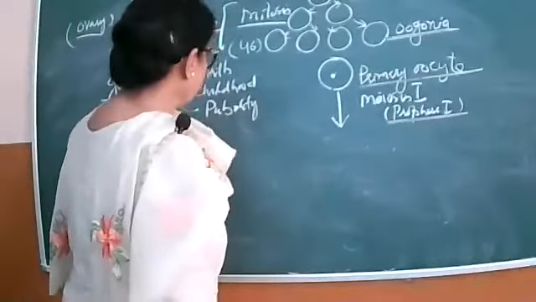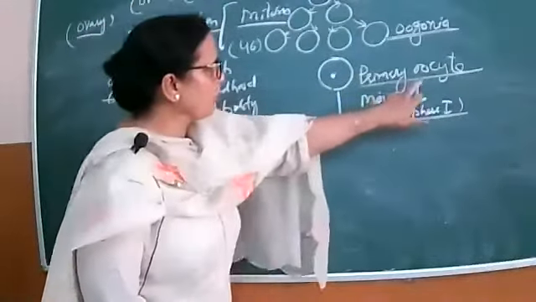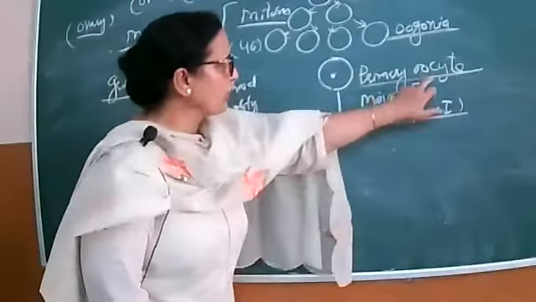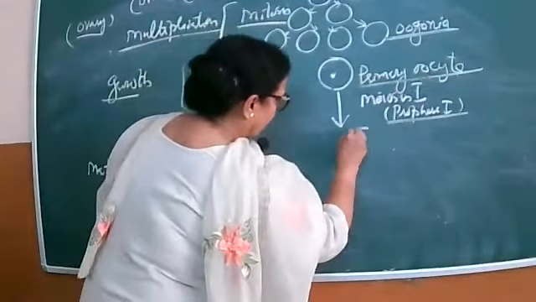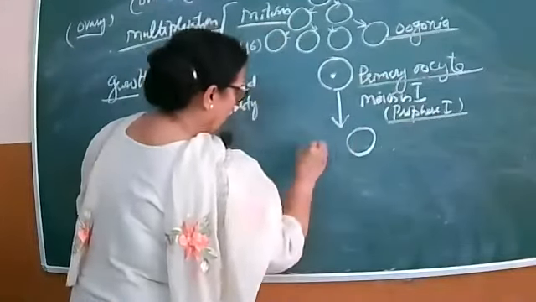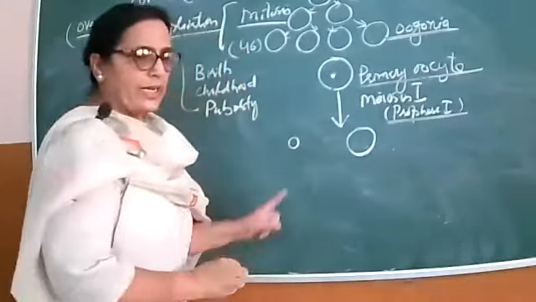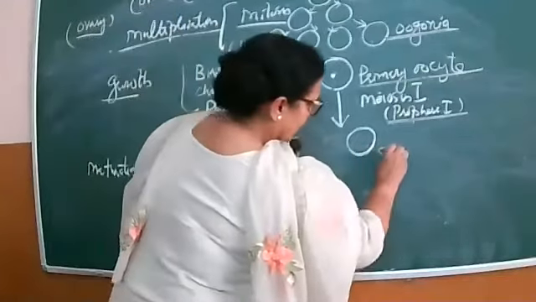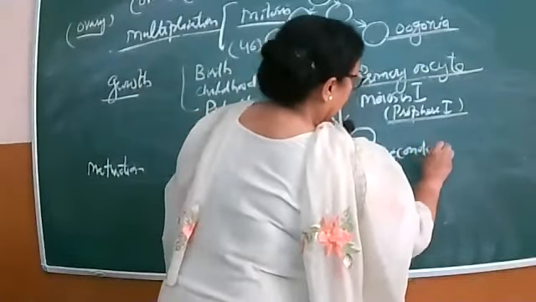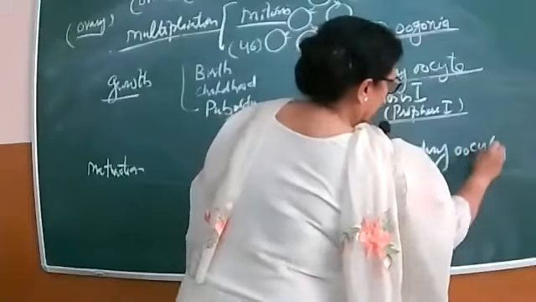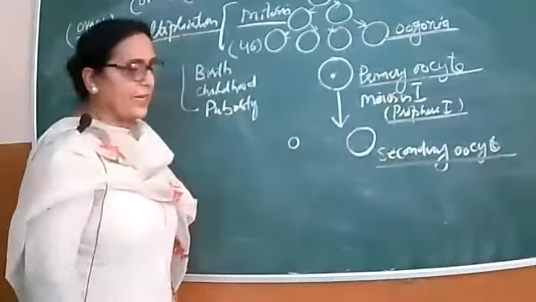Then what happens afterward? This primary oocyte, after meiosis 1, will get converted into two cells. One is small in size, one is big in size. That is secondary. This is the secondary oocyte. Right?